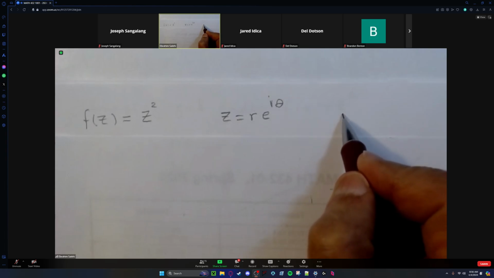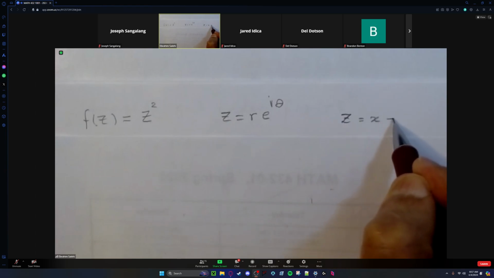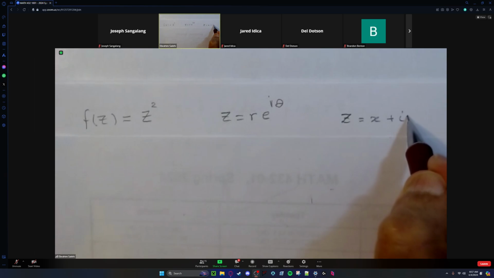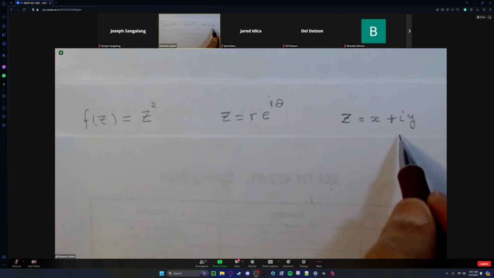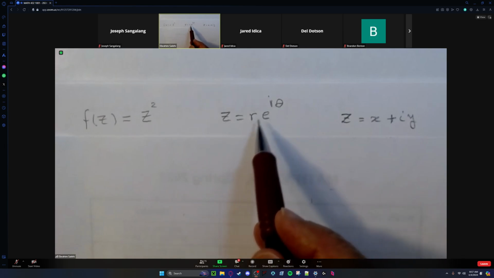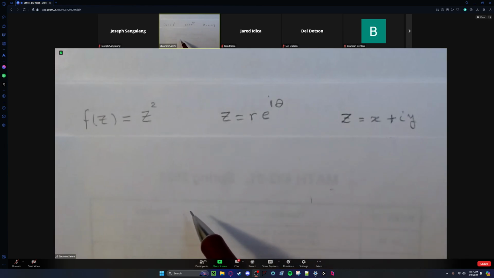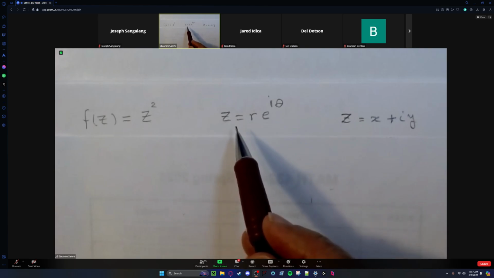You can say Z is x plus iy and get some information. Or you can say, well, Z in its polar format and get a bunch of other results.